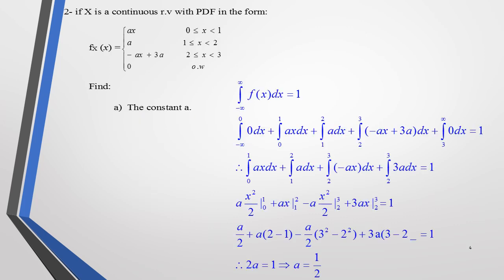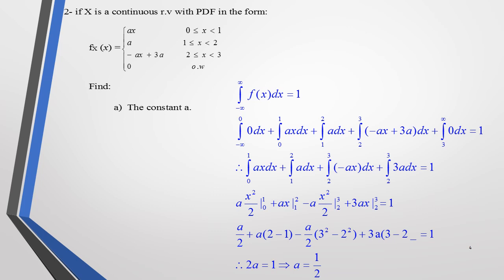Number 2. If x is a continuous random variable with PDF in this form, find the constant a. To find the constant a, we will use the property of any PDF, which is that the integral from negative infinity to infinity of f(x) dx must equal 1. Here, our PDF takes different forms for each interval.